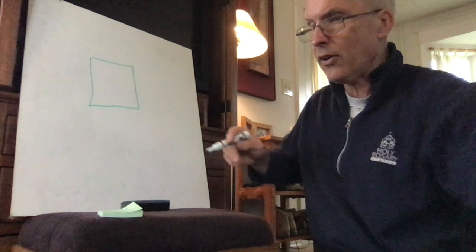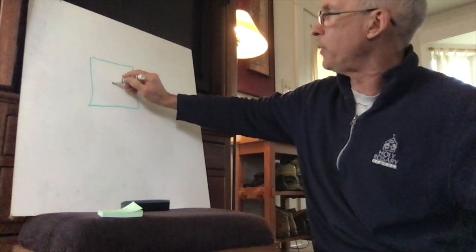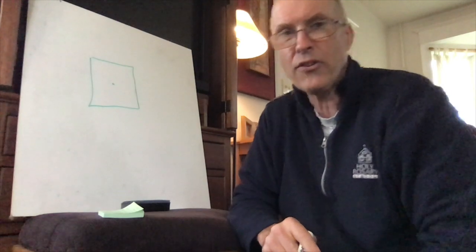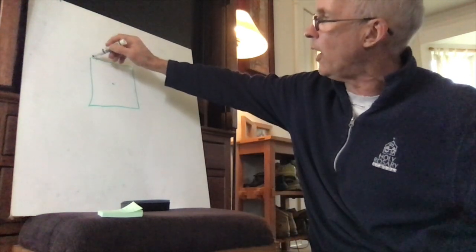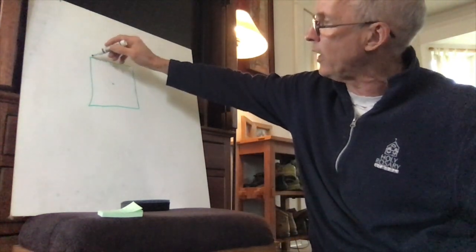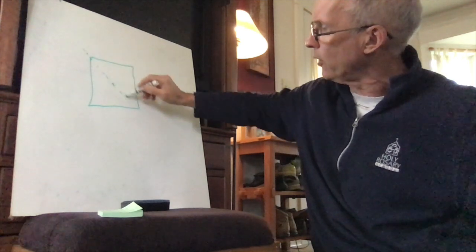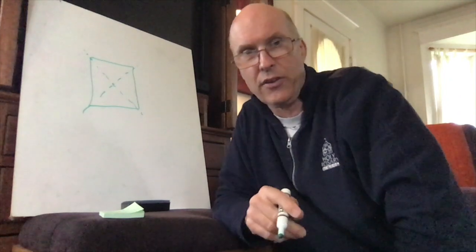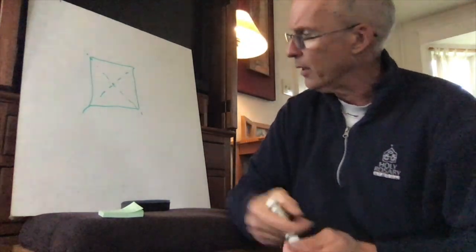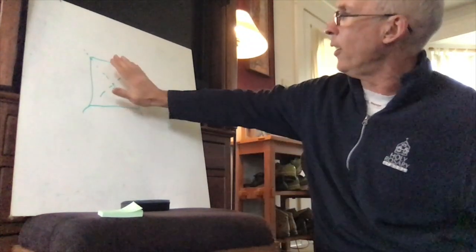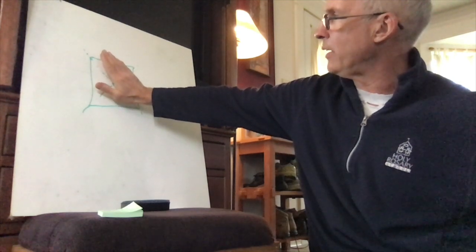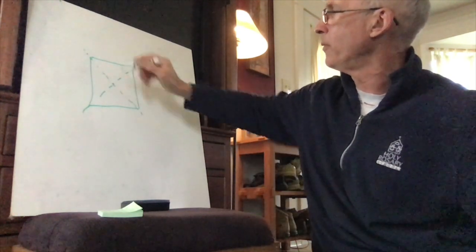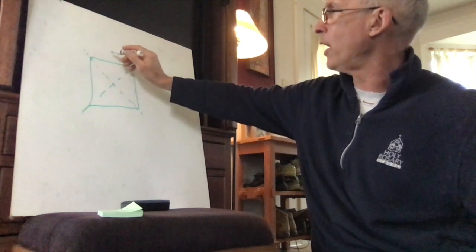The center of symmetry for this one would be right there in the middle. Usually you can find the center of symmetry by going to the opposite vertexes, drawing a line there, drawing a line there. There's going to be your center of symmetry. Now, if you think about this square, if I rotate it, let's say 45 degrees, then it would look kind of like this.